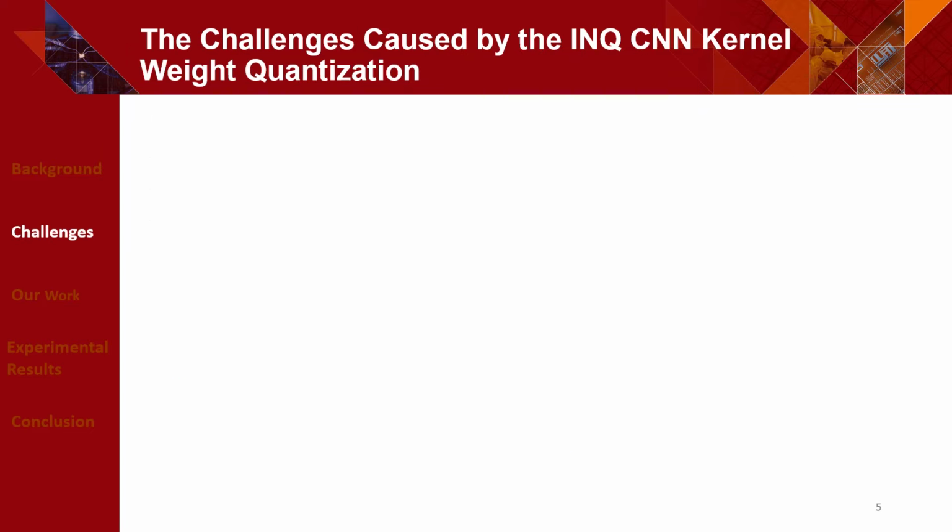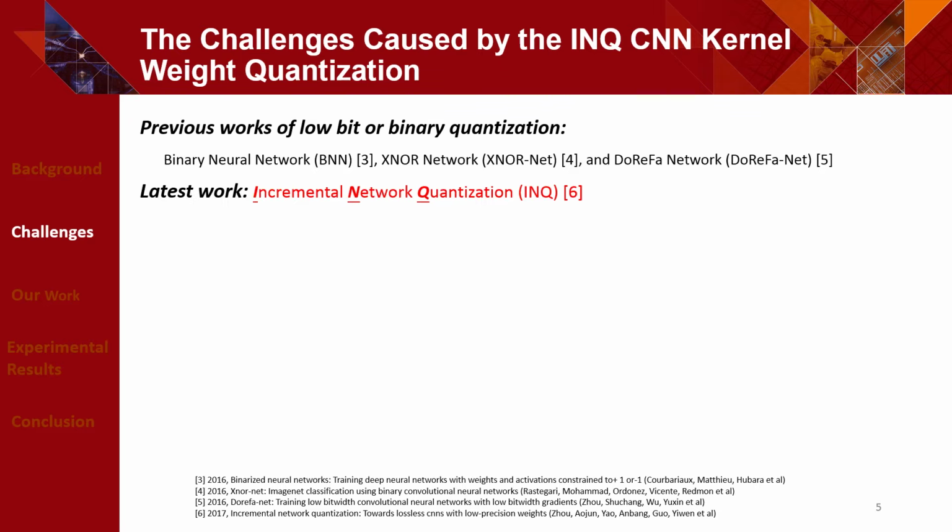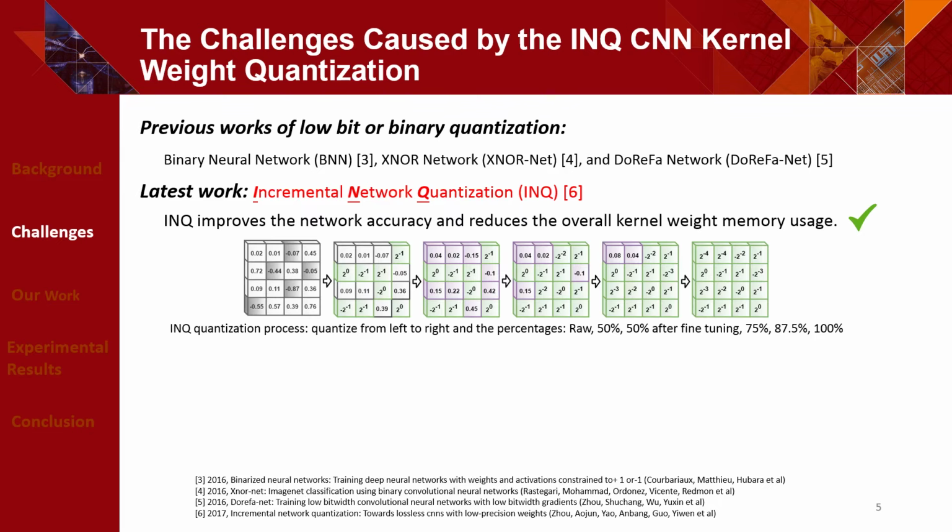For the challenges caused by quantization, we would like to introduce the latest one, the incremental network quantization method, which quantizes the weights into 2 to the negative power values, and the quantization process is done bit by bit. For example, a neural network is well trained, and then you quantize 50%, so 50% of the weights will be converted into 2 to the negative power, and afterward all the weights will be converted into 2 to the negative power.